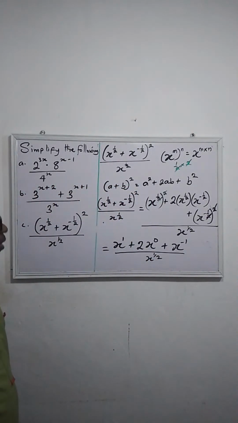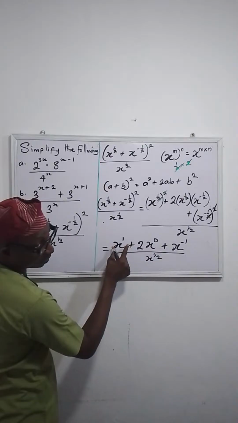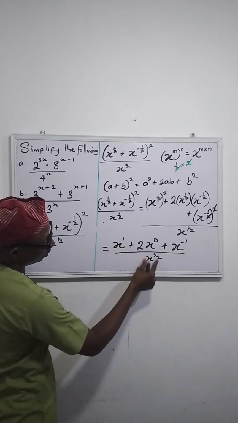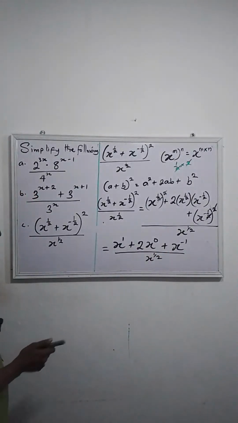Okay, so now what is going to be the final answer to this problem? The final answer is you use this to divide each of these. We have 3 terms here, 1, 2, 3. So this divides this divides this. Okay, so can we do that now?